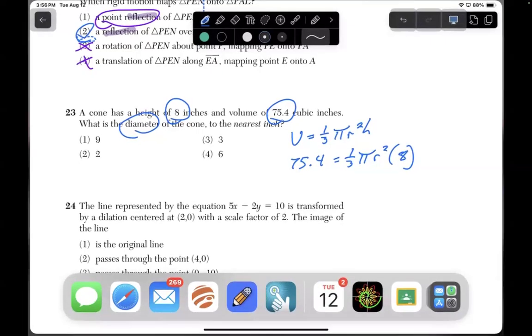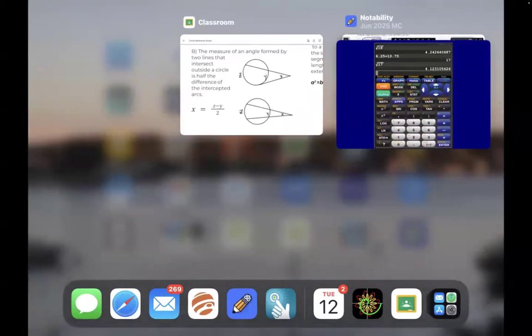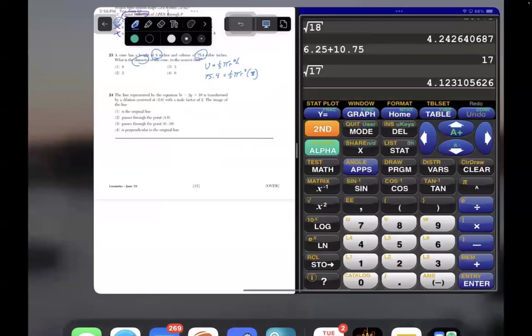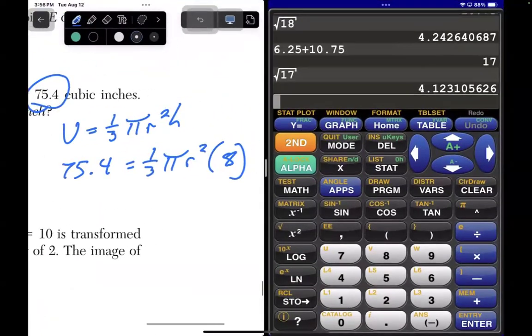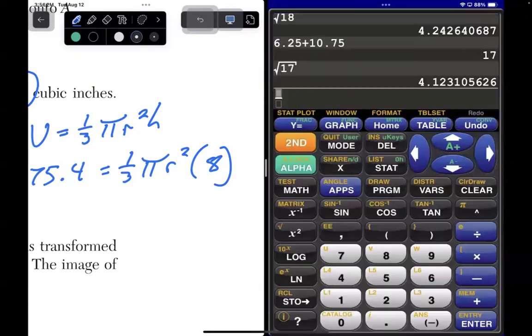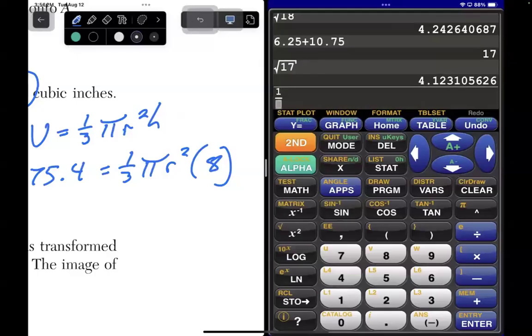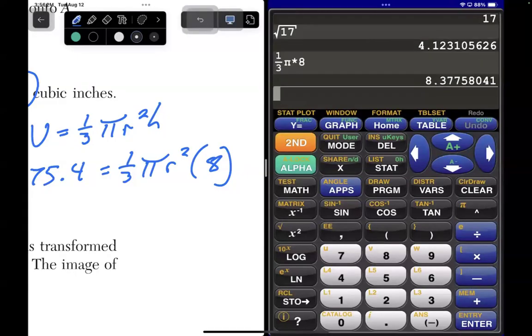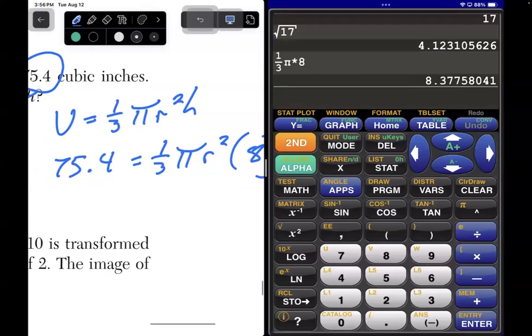Okay, so I'm just going to go ahead and simplify the right-hand side of this equation, because we have 3 numbers over here, right? We have 1/3 pi and 8. So let's multiply those things together. 1/3 times pi times 8 is going to be 8.377 something, 8.38.